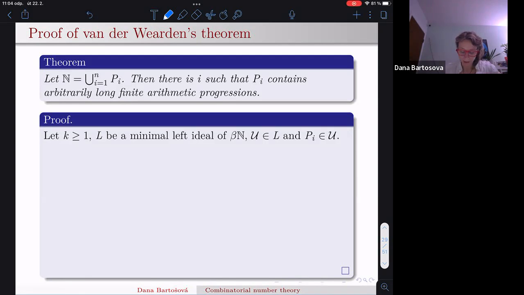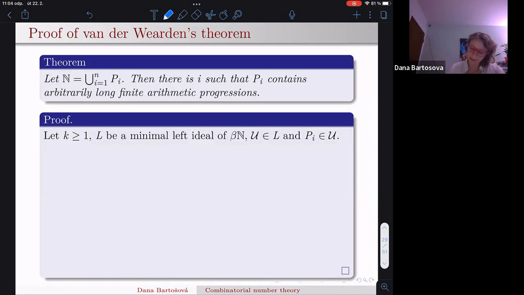So actually, it doesn't even have to be an idempotent in this case. So any element, any ultrafilter that is in a minimal left ideal will have the property that every set in that ultrafilter is going to contain arbitrary finite arithmetic progressions. And if I have a partition of natural numbers, of course, one of the pieces has to be in the ultrafilter, so it's going to prove our theorem.